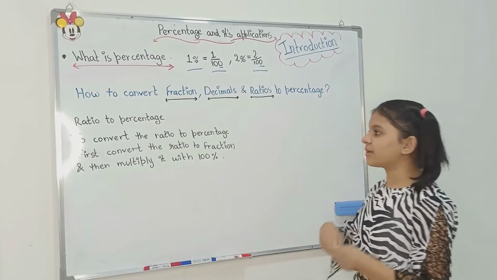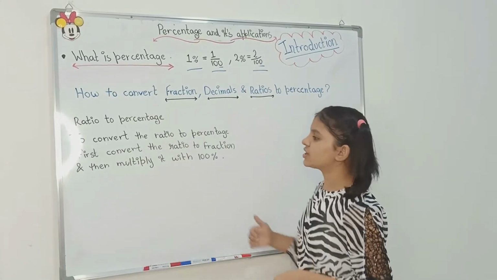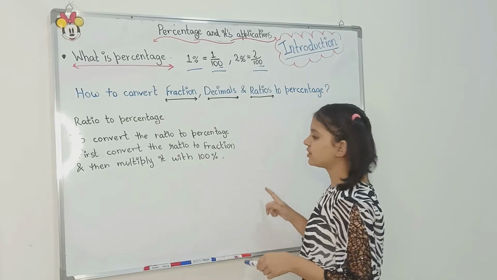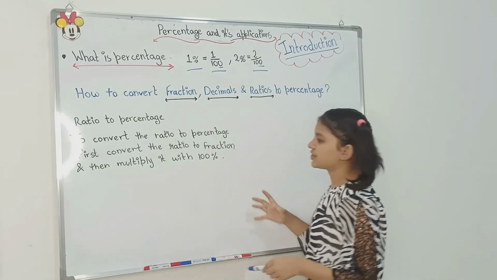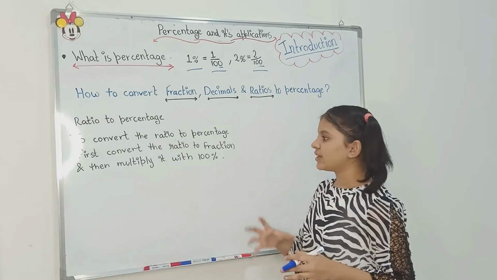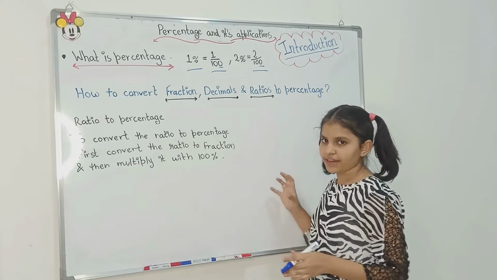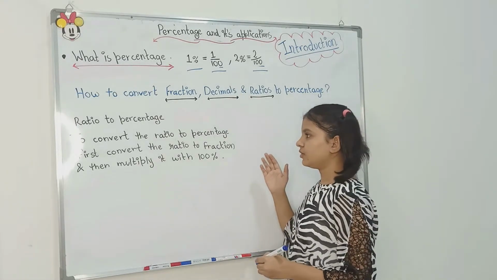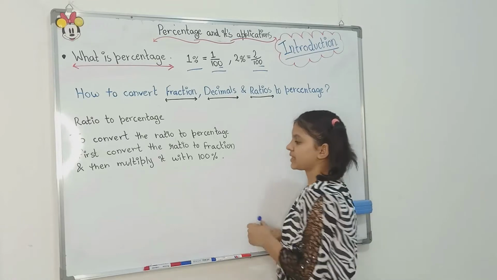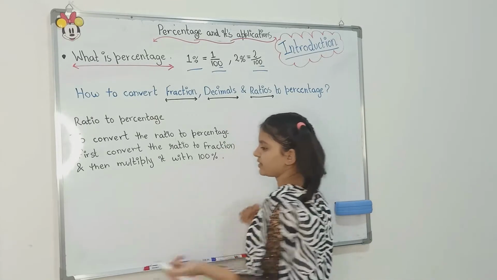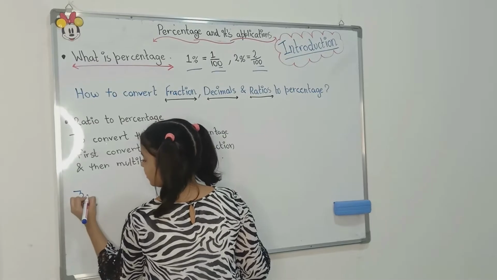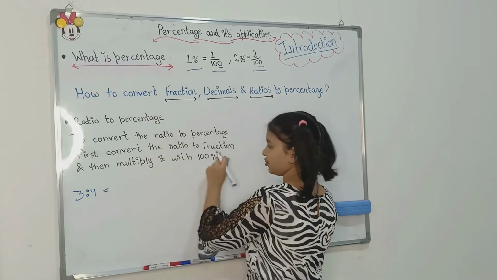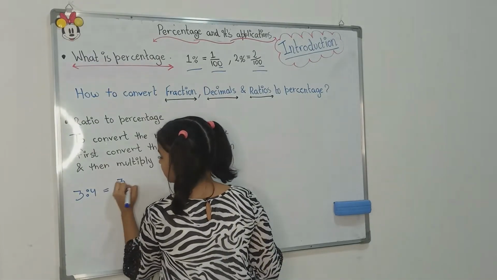Now we learn how to convert ratios to percentage. To convert ratios into percentage, first convert the ratio to a fraction and then multiply it with 100%, like we did in the converting fractions to percentage method. For example, let's say we have 3:4. We first convert the ratio to a fraction, so we write this as 3 by 4.